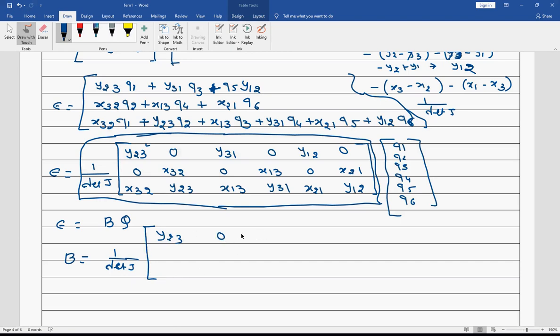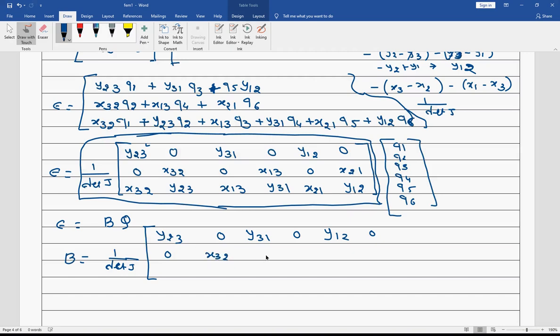So y23, so 1, 2, 3 you have to write down in the sequence. So this is 2, 3, therefore this is 3, 1, 0, and finally from 3 I am going to get 1, 2 and then 0. Okay, so 2, 3 if you remember, then 3, 1 and then 1, 2, you can remember this. Now here you put 0, so whatever this value is there, exactly opposite to do with the x.